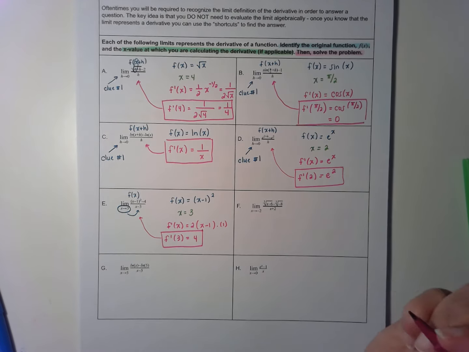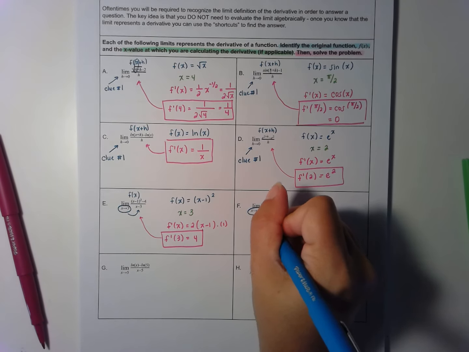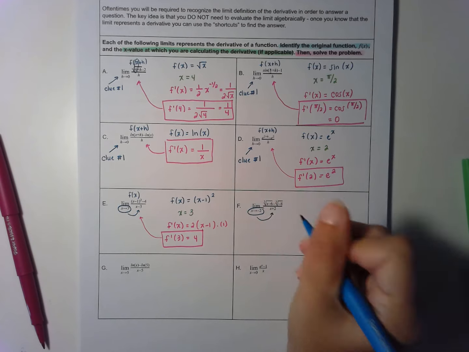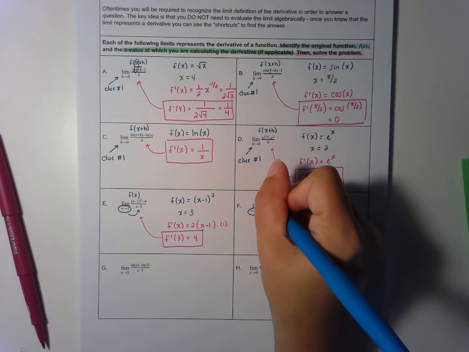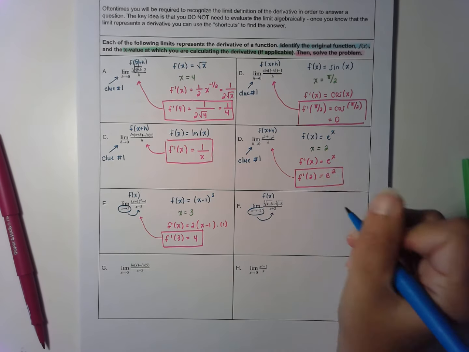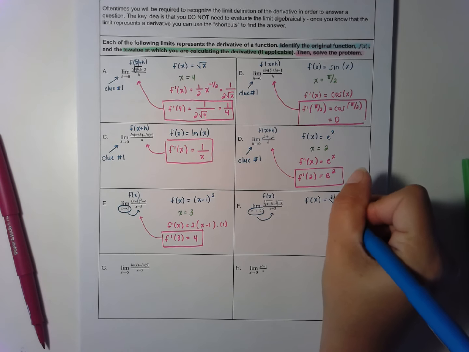For problem F here, again, my clue that this is going to be the limit definition of the derivative is that x is approaching -2 and that this is x minus -2. And that means that the beginning function here is just your f of x function. So in this case, f of x is equal to the cube root of x minus 6.